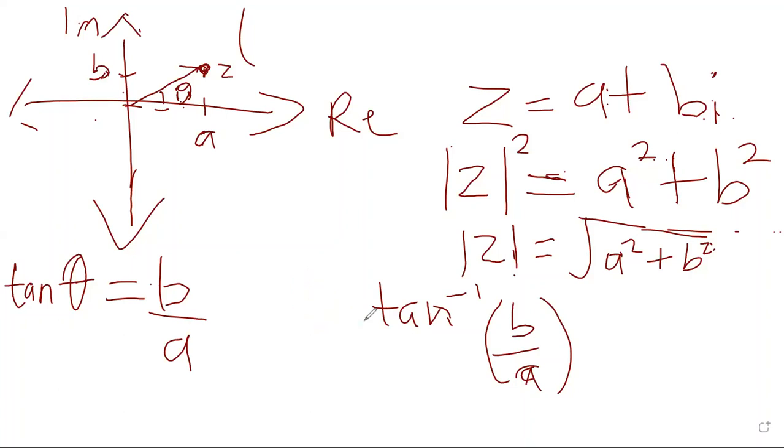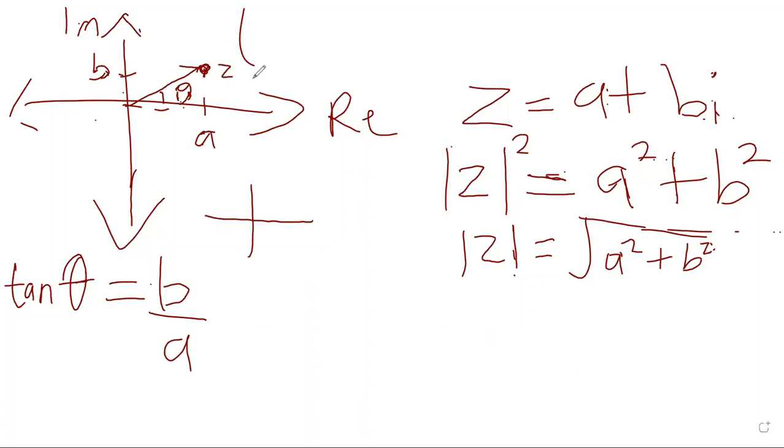Okay, let me go back here. It's true that tan theta is B over A, but then let me write the 4 situations you can get where you have a complex number.